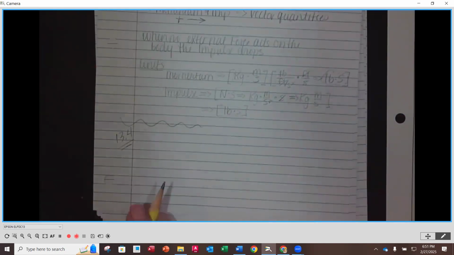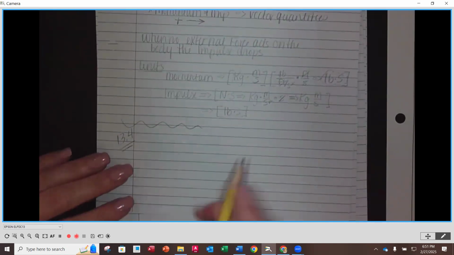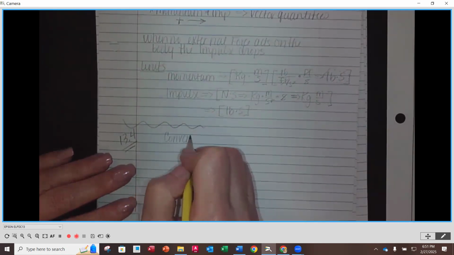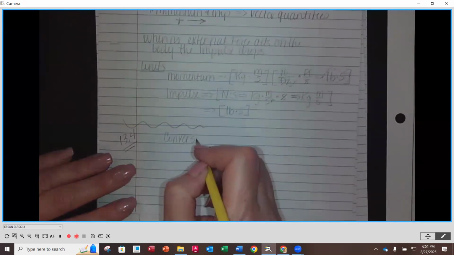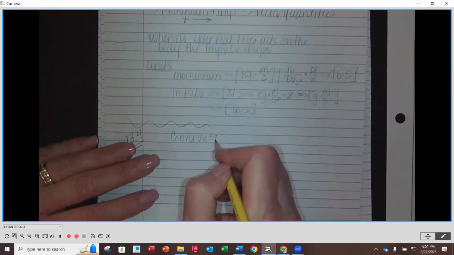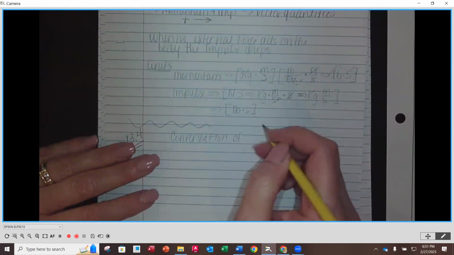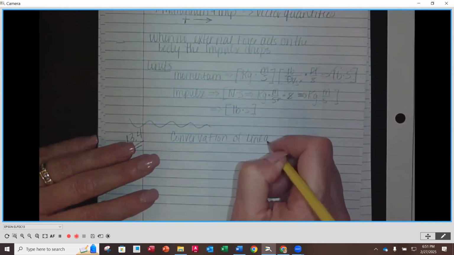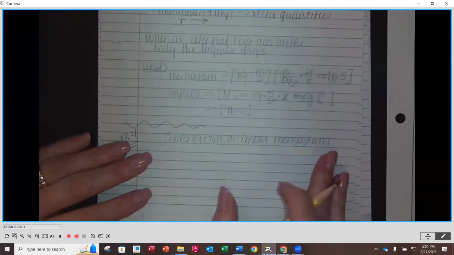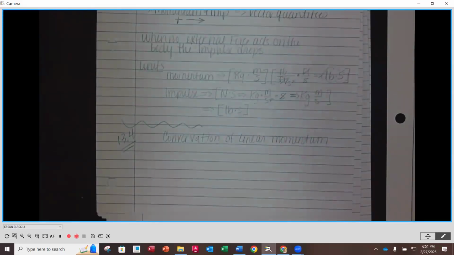Now, we already talked about the conservation of linear momentum, but I'm going to write it down here again because this was in conservation of linear momentum. And this is when we have items that don't have an outside force acting on them.